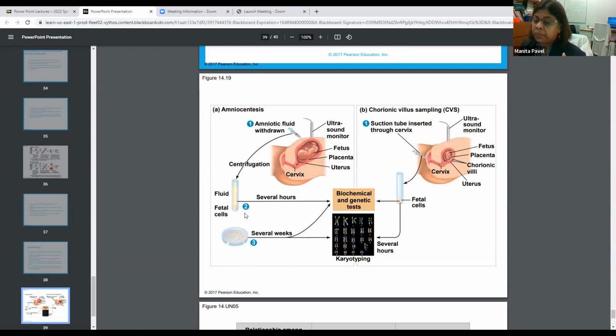After several hours, biochemical and genetic testing is conducted and results are obtained after several weeks, where a karyotyping is conducted. We had this karyotype under structure for chromosome again in mitosis.